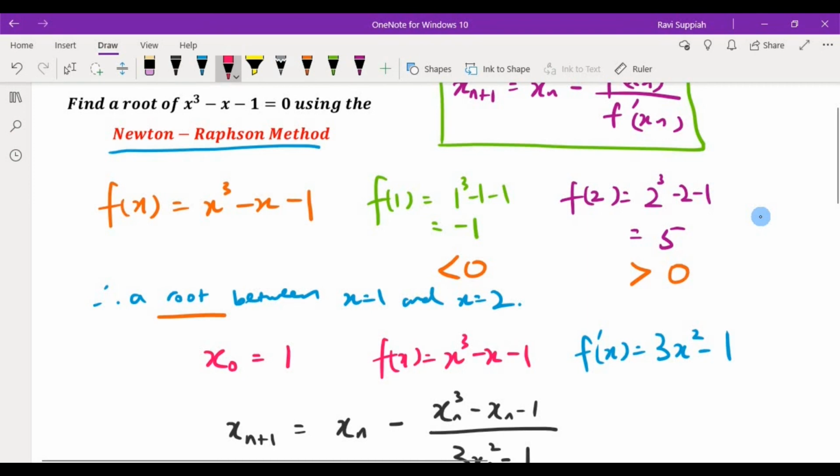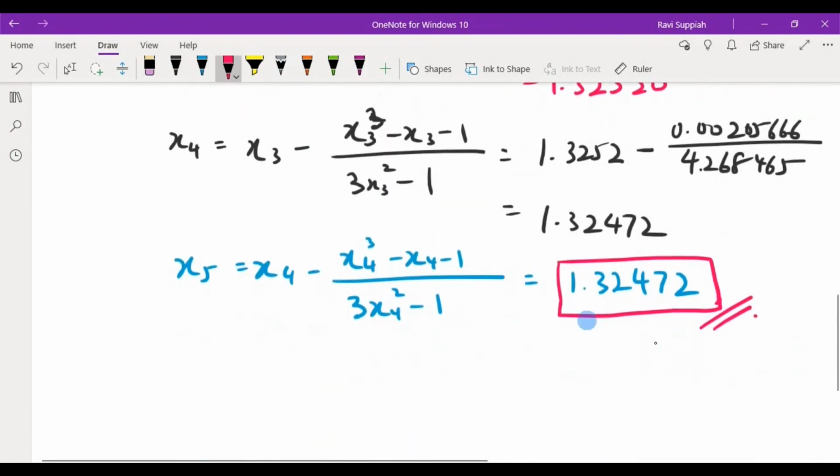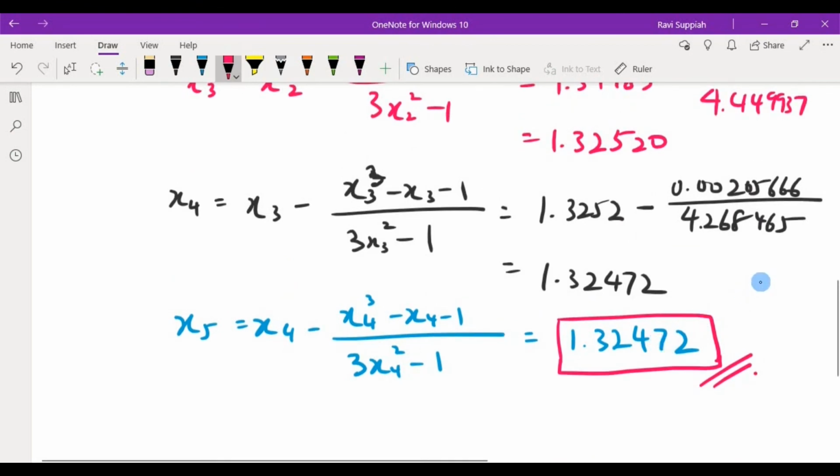With that change of sign, we know that a root lies within this x range. Then we take one of them as the starting point, in this case x0 equals 1, and from there we keep doing the same process again and again until we converge to a final answer. That's how you approach a question using the Newton-Raphson method.